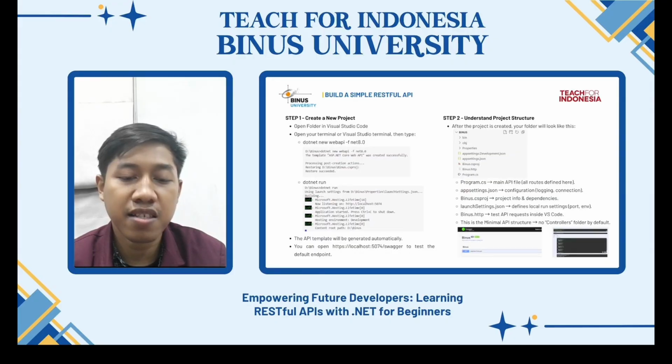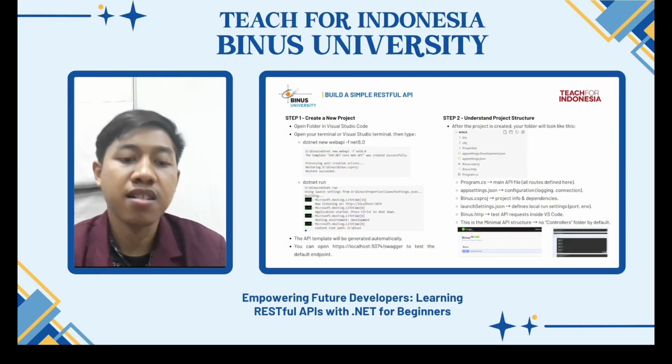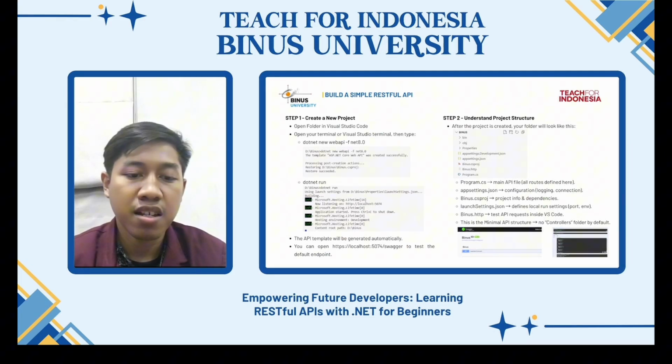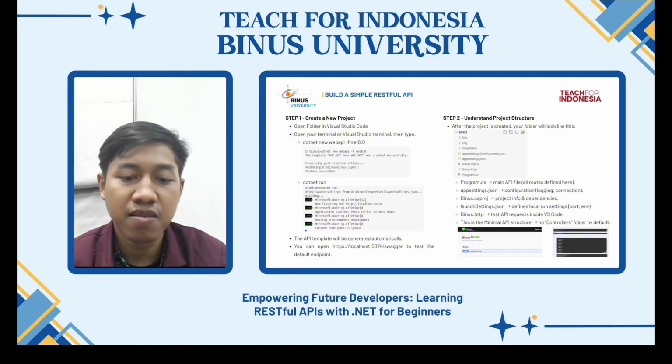Next, let's create the API project. In the terminal, we type dotnet new webapi -f net8.0, then dotnet run. This generates a project with Swagger support.